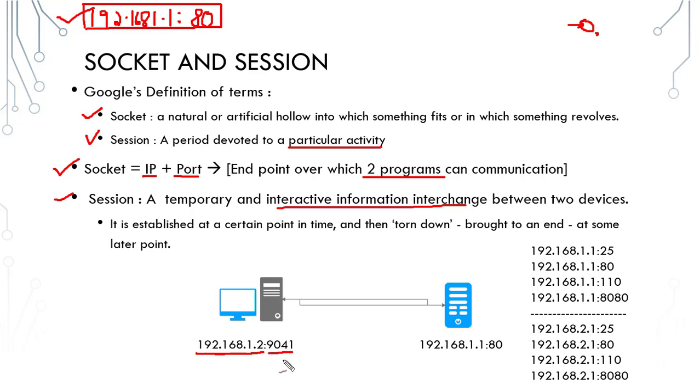Do not be confused about how this port number came. You just need to understand that when your computer wants to communicate with some other computer on the internet, it gives itself a random port number. So this is how this random port number came. Let's say this is your PC, and you want to communicate with a web server.